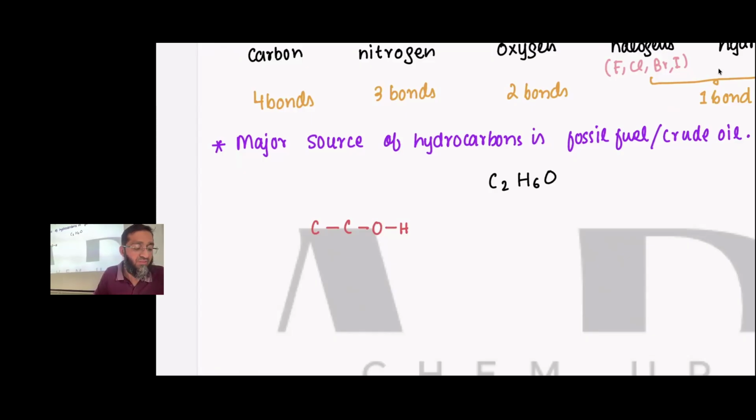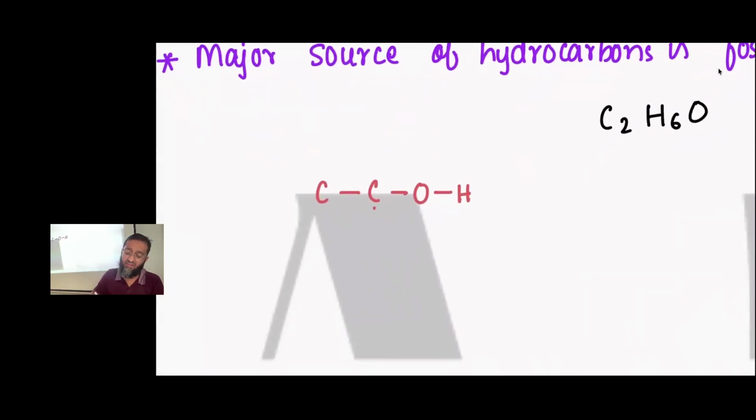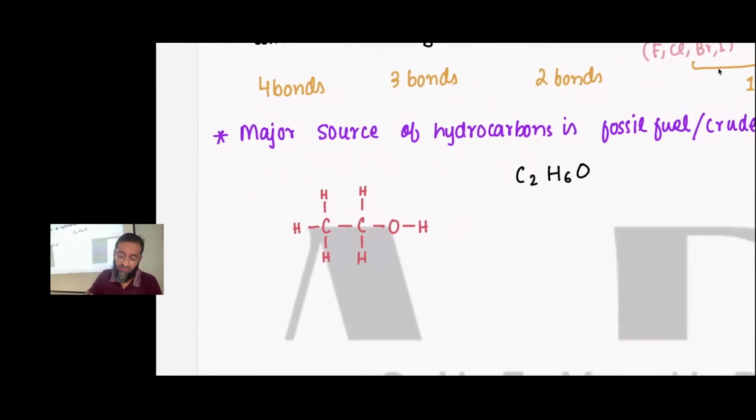Very good, Laiba, but you missed the bond between oxygen and hydrogen. The rest is fine. So the carbon in the middle gets 2 more hydrogens because it can make 2 more bonds. The carbon on the right side has 1 bond, so it can make 3 more bonds and gets 3 more hydrogens. That's one structure of C2H6O.